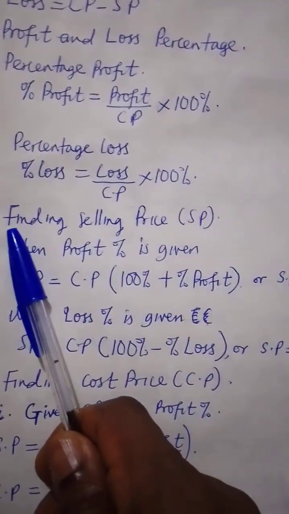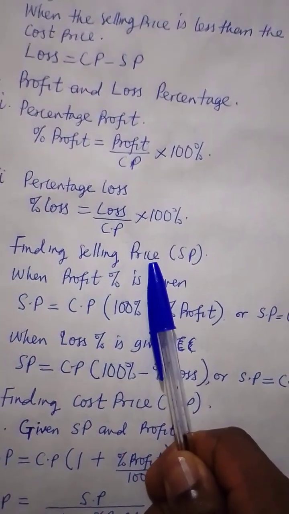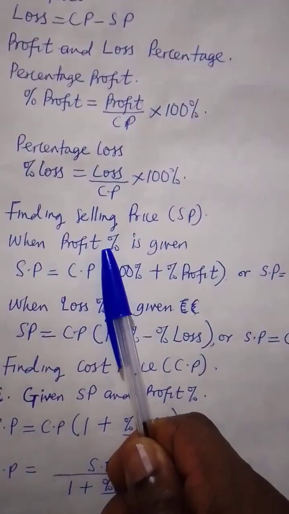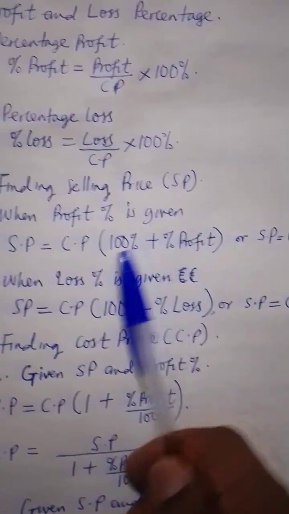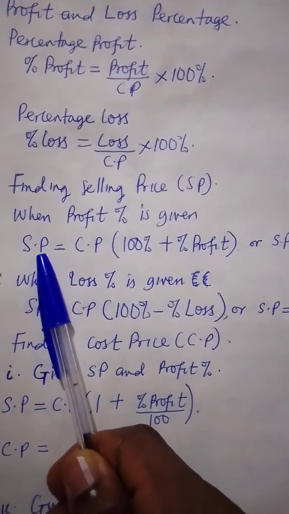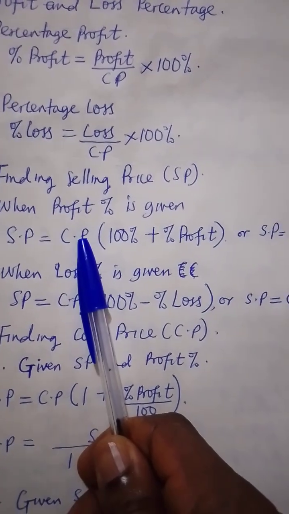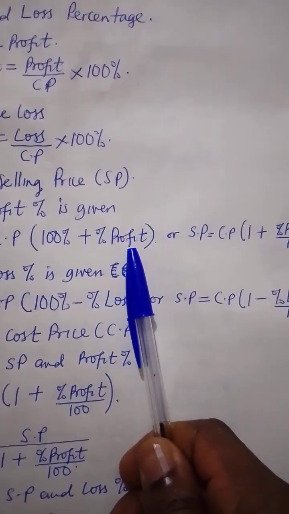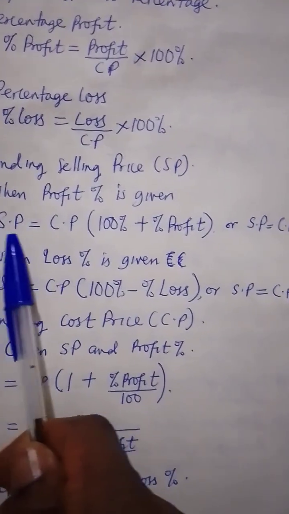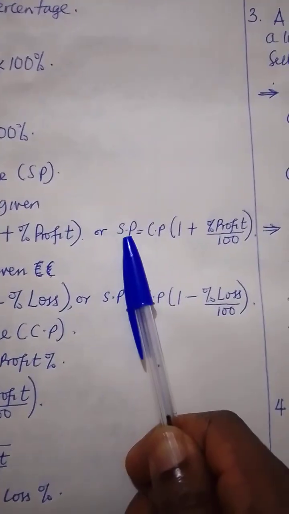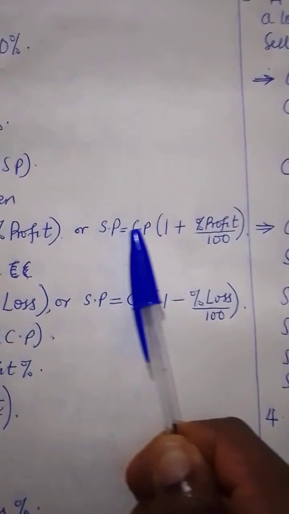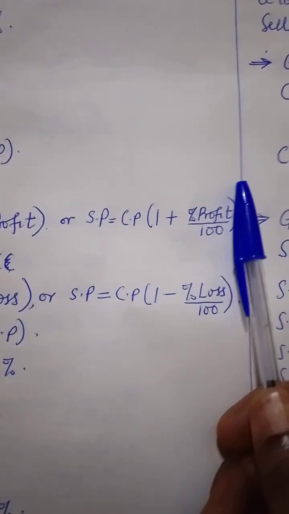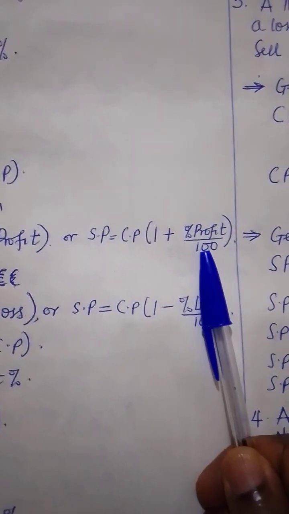Now, if we are told to find the selling price when percentage profit is given, in crude form, we can say our selling price is cost price into 100% plus percentage profit. We can refine this formula to get selling price is cost price into 1 plus percentage profit over 100.